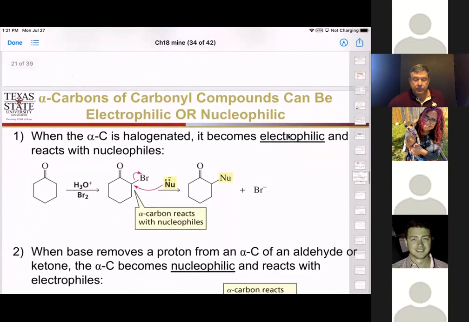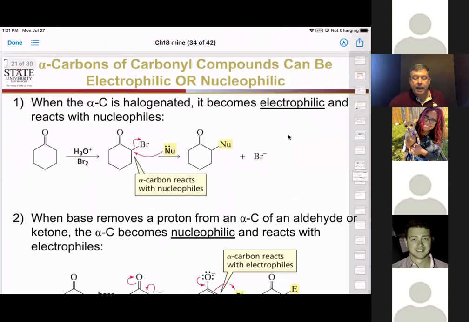Okay, so now what can we do with it? Okay, now that we have that halogen at that alpha position, it can be attacked by other nucleophiles to displace it to create new carbon-carbon bonds or new other bonds with the nucleophile here. So because it's an alkyl halide, our alkyl halides are very susceptible to SN1 and SN2 type reactions, nucleophilic substitution reactions.